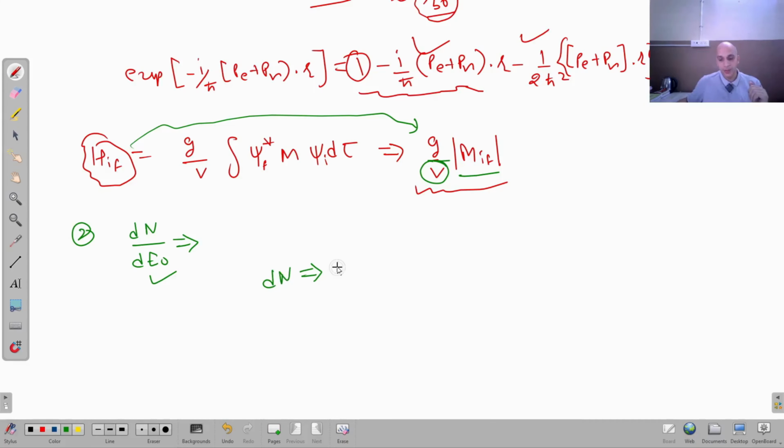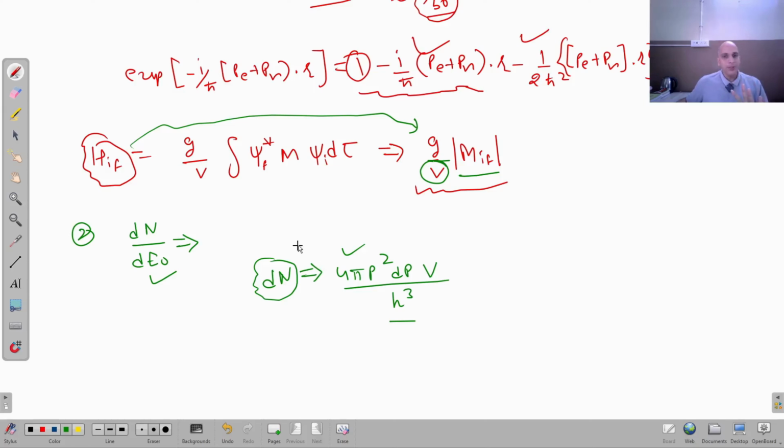It comes out to be 4 pi p square dp into volume V divided by the volume of one cell in a phase space, or we can say the volume of one energy state. In quantum mechanics, it is h cube, and V is the total available volume. So this gives me the total number of available quantum mechanical energy states.